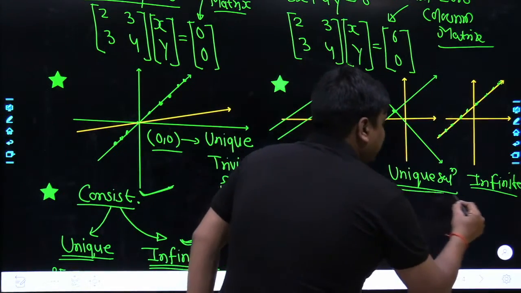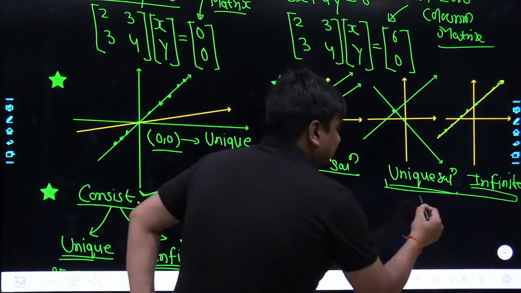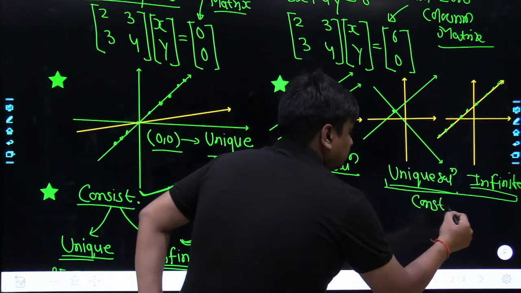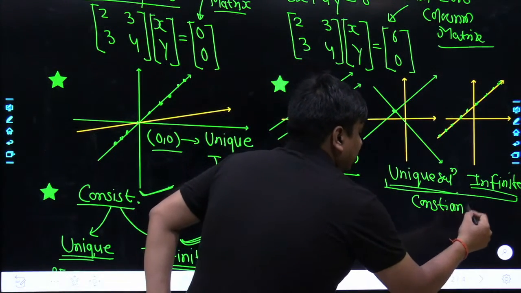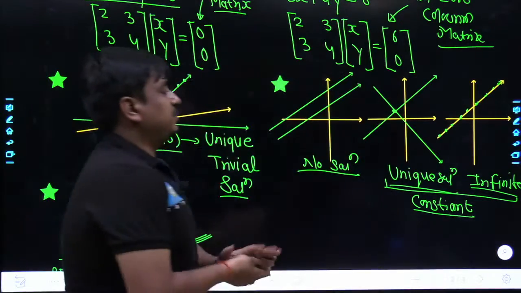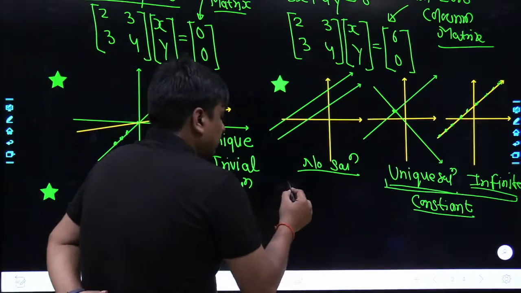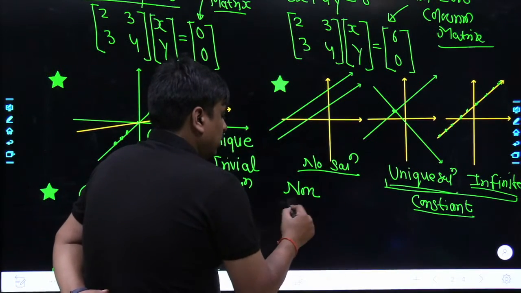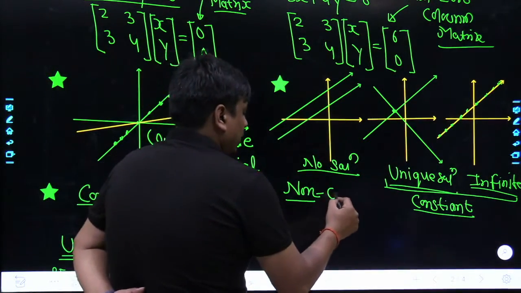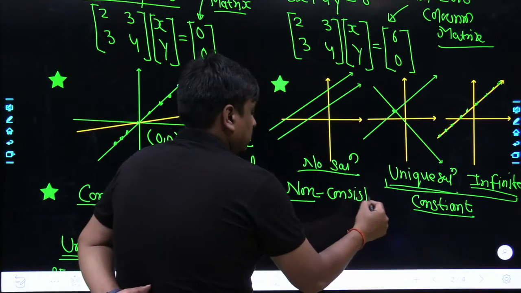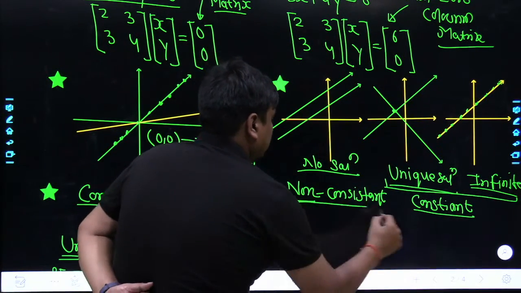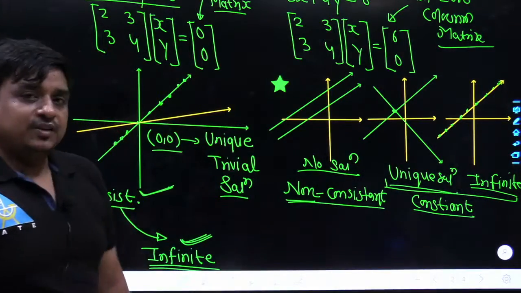Unique solution and infinite solution come under consistent. That means the equations are consistent. Or if you have a case where no solution is found, it's called non-consistent. Is that part clear?